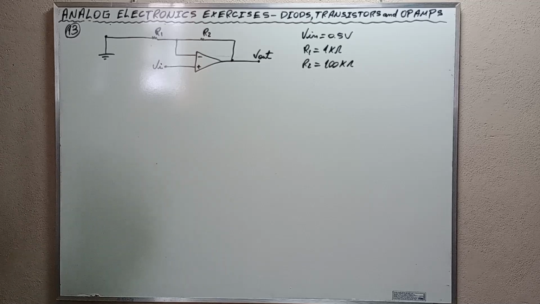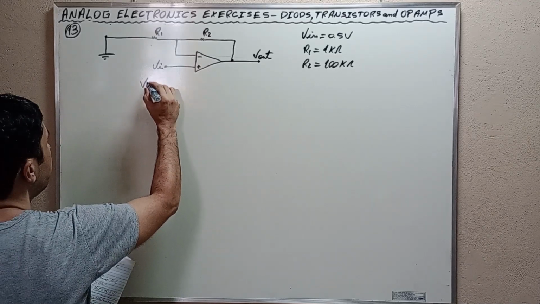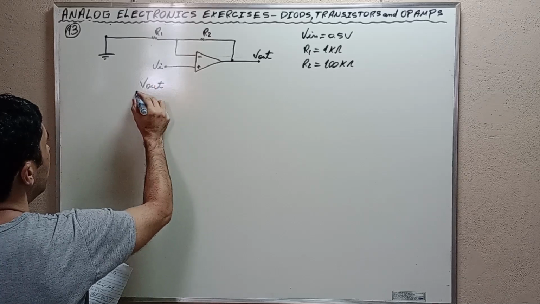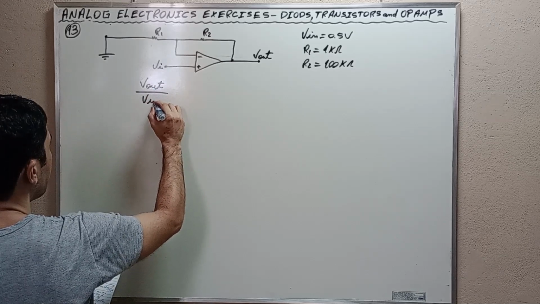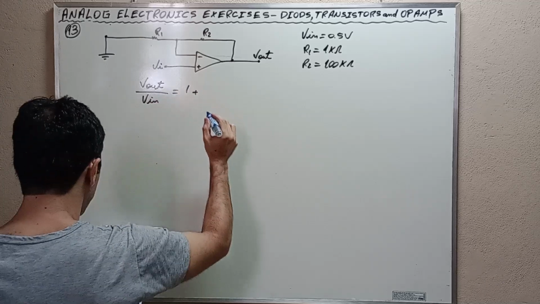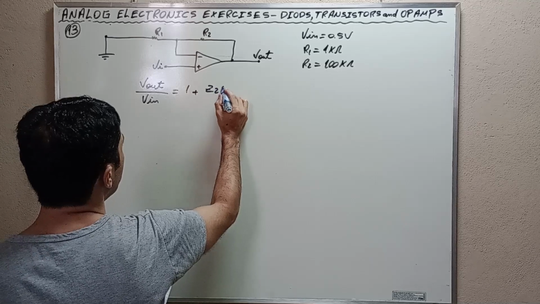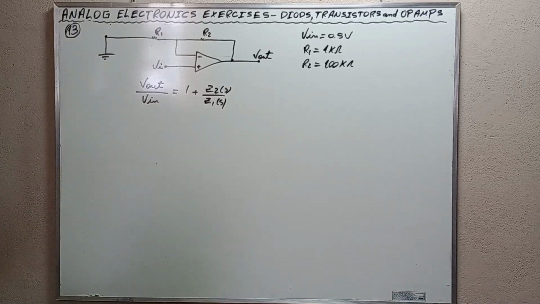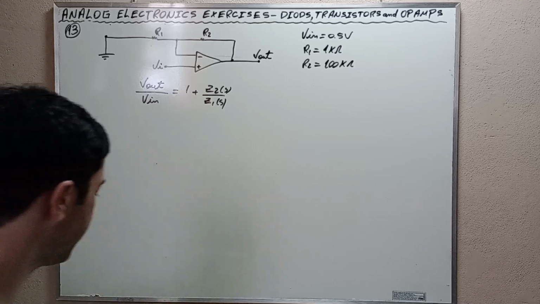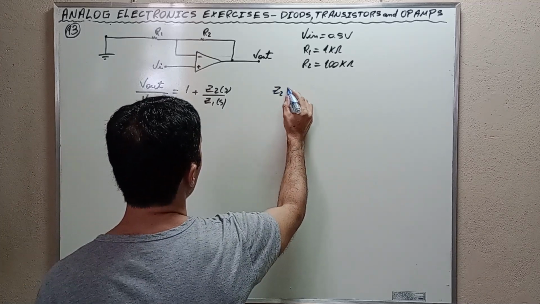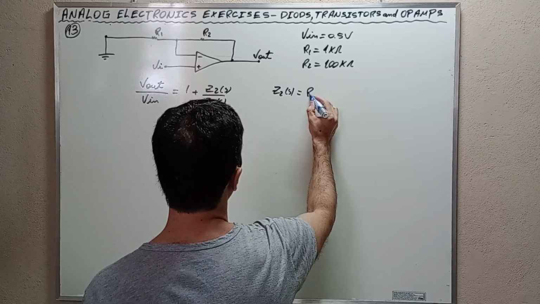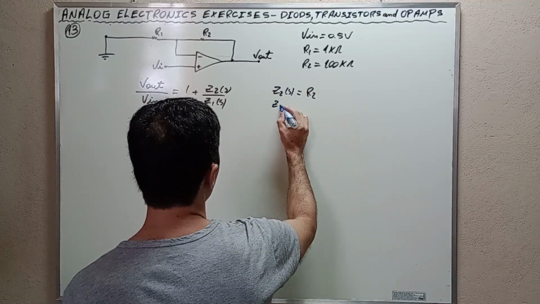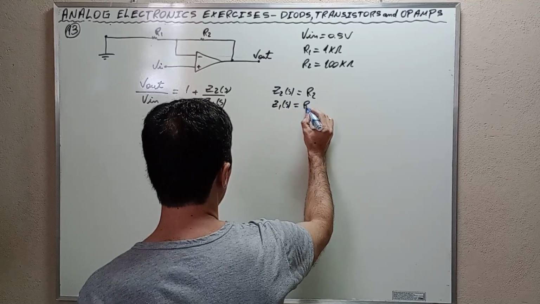In this case the transfer function is V out over V in equal to 1 plus Z2 of S divided by Z1 of S. This is the transfer function when we have the non-inverting configuration of the operational amplifier, and in this case Z2 of S is equal to R2 and Z1 of S is equal to R1.